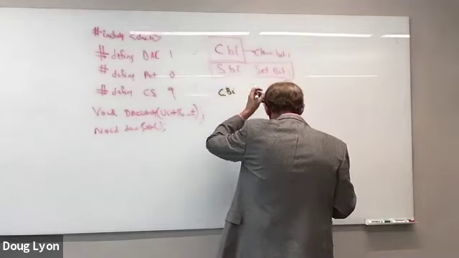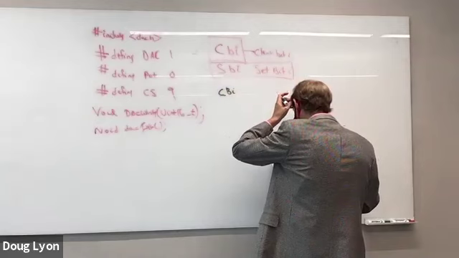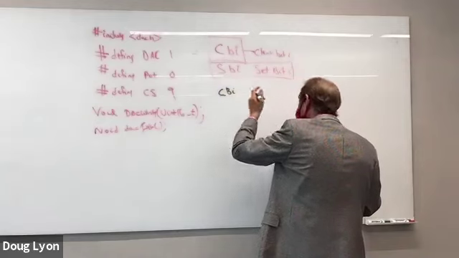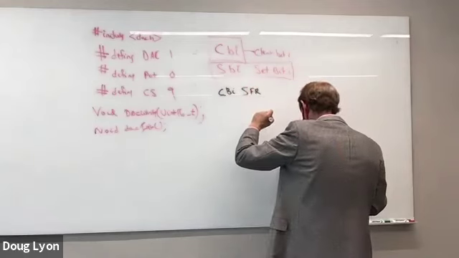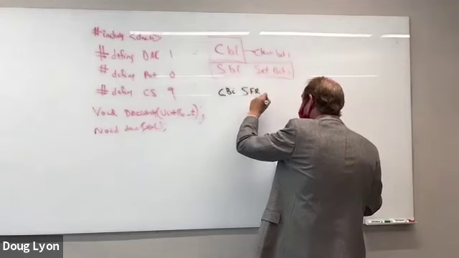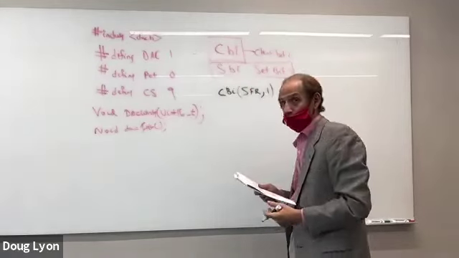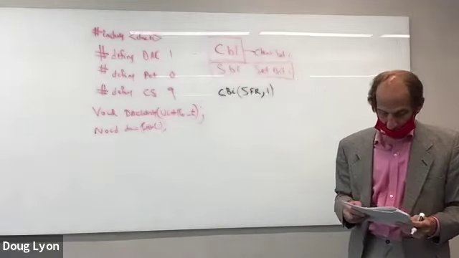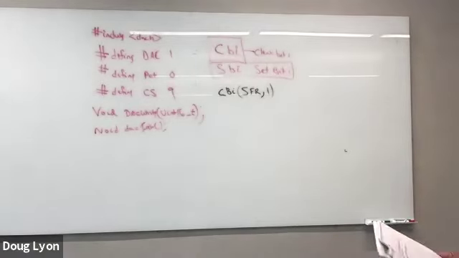CBI, let's see now. We'll have a register here called the shift register, SFR. And what I want to do is clear bit 1. So I call CBI SFR, 1. And I do it without a semicolon because it is a macro directive.